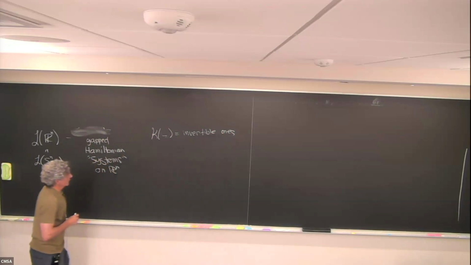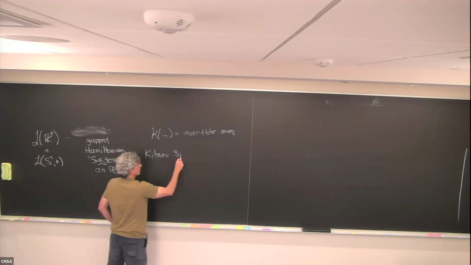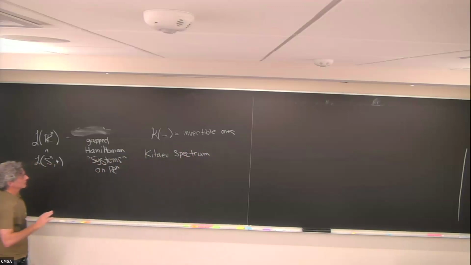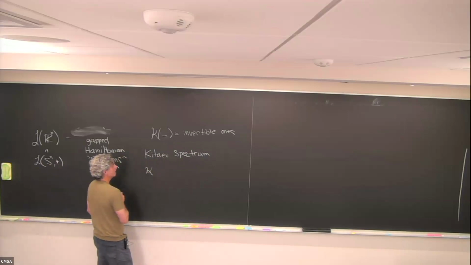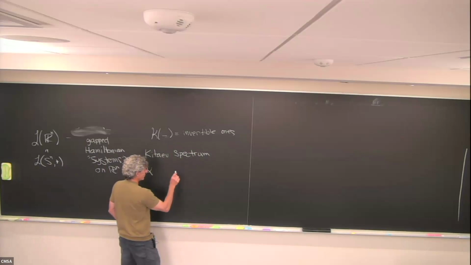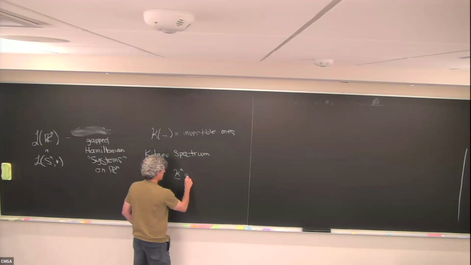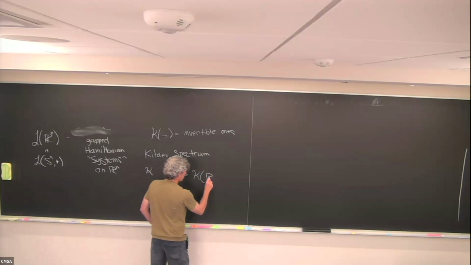All right, and then I defined a spectrum, the Kitaev spectrum, and it comes in several flavors, as Alexei mentioned. I'm just describing the one that doesn't have any extra imposed symmetries, and I'm calling it K. Now I want to re-index this. I want to say that the nth space in K is this value on R^n.